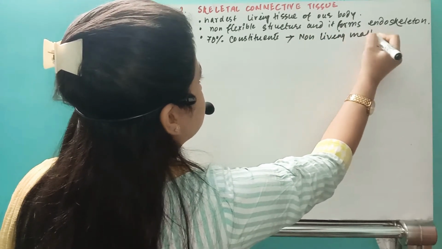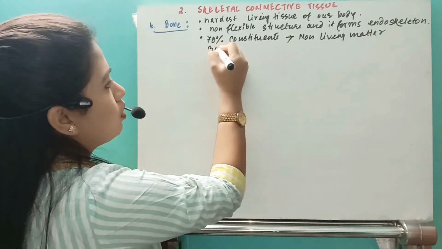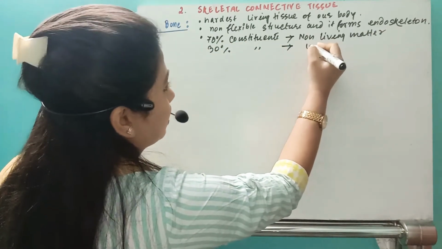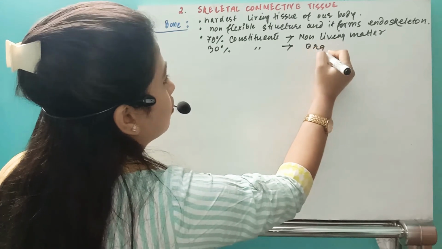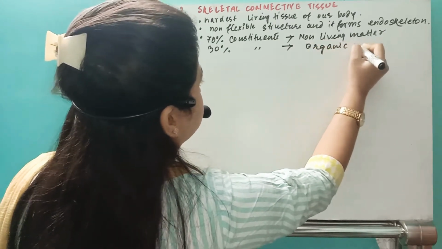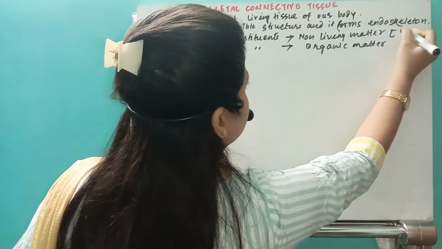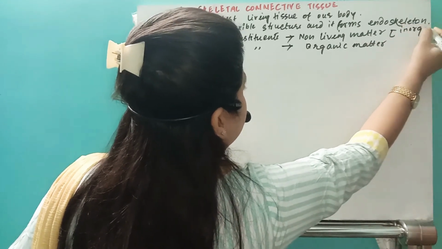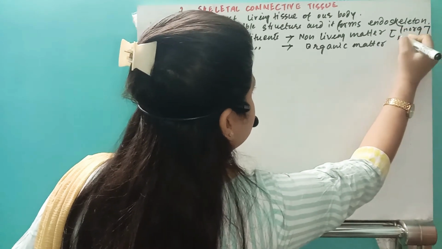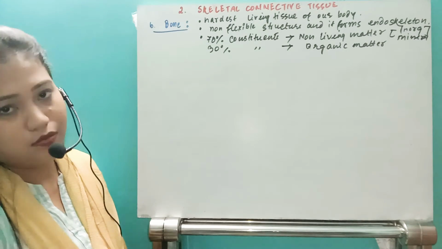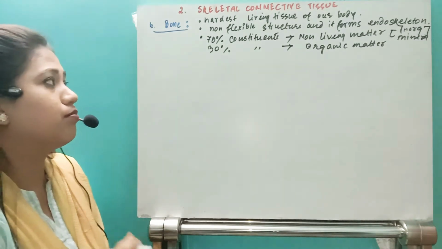That means it is the mineral matter actually, and only 30% of the constituents are organic matter. Non-living matter means it is the inorganic, mineral components. Very important thing about the bone.